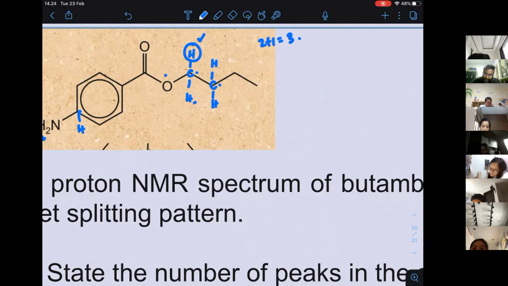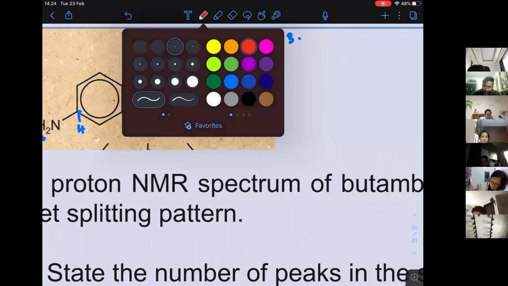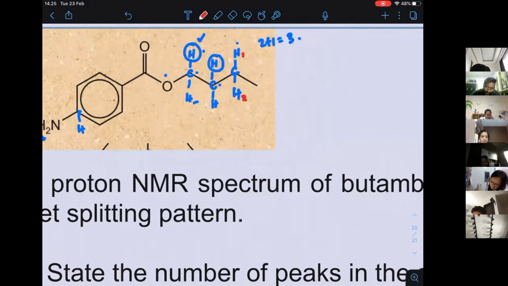Let's look at this next environment. Will I get a triplet or not? Carbon, hydrogen, hydrogen. For this environment, I have 1, 2 on this carbon next to it, and another carbon next to it, 3, 4. You are not going to get a triplet; you are going to get 4 plus 1, 5.